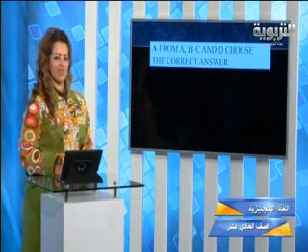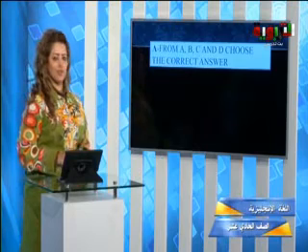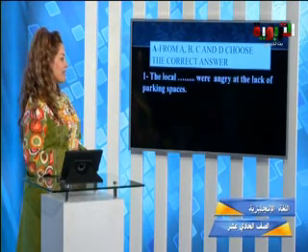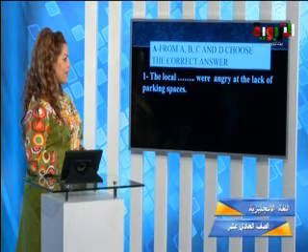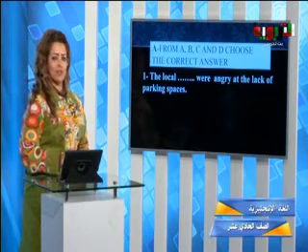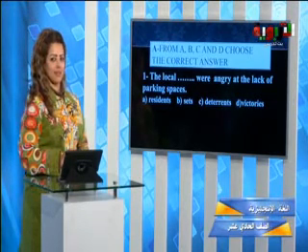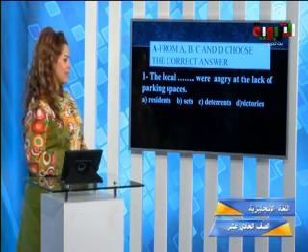Our first type of question. From A, B, C, and D, choose the correct answer. Let's go through with the first sentence. The local blank were angry at the lack of parking spaces. Let's look at the words below. We have residents, sets, deterrents, and victories.